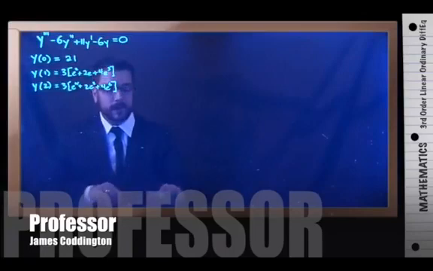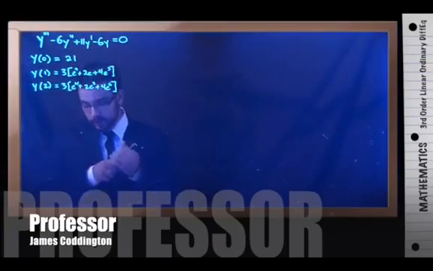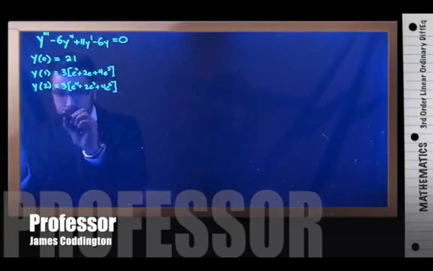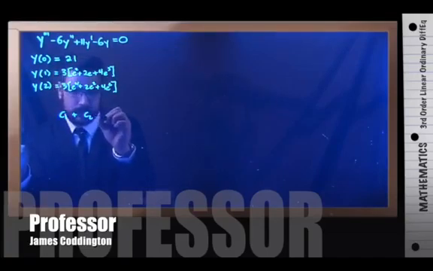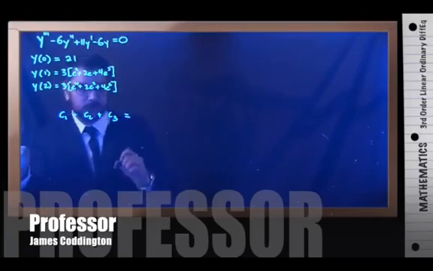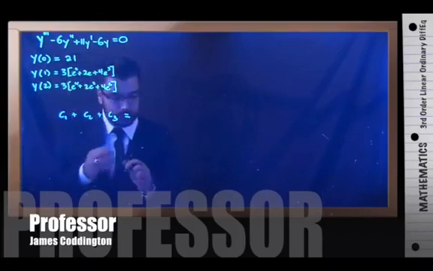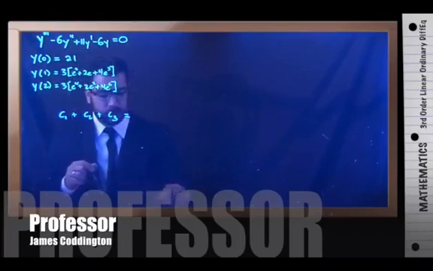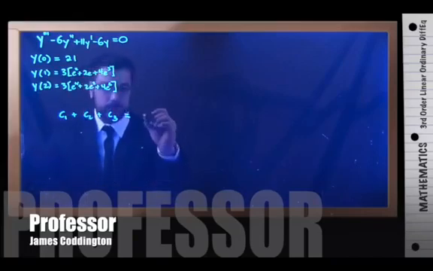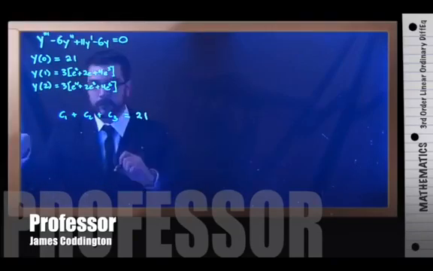Okay, let's go ahead and write our cleaned up equation. So we have C1 plus C2 plus C3 is equal to, I'm going to do all the constants in yellow. So that is equal to 21. Okay.